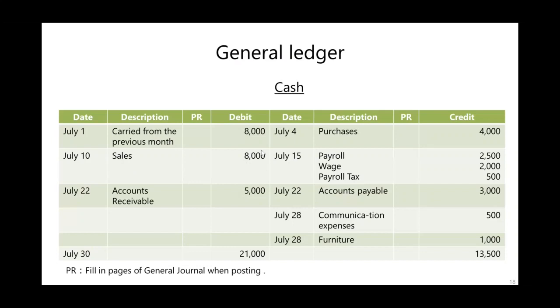In the same way, on July 22nd, cash is increased by 5,000, and the counter account was accounts receivable. It means that the accounts receivable was collected.